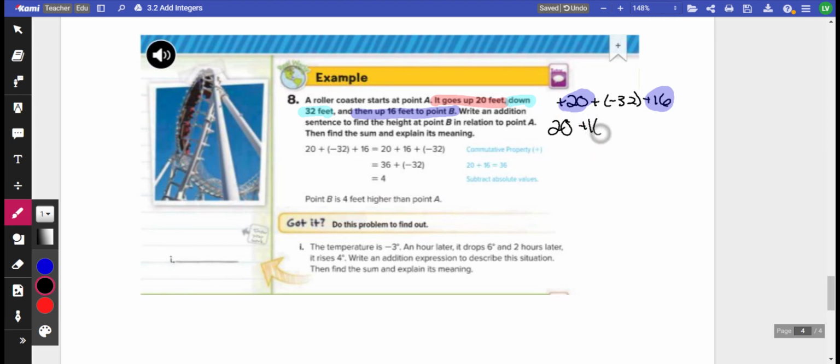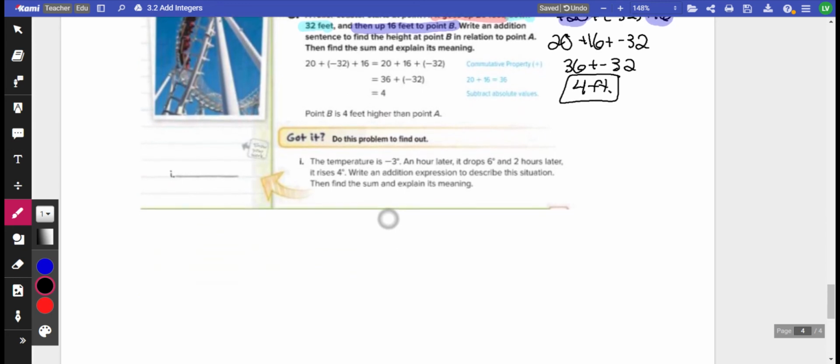So 20 plus 16 plus negative 32. 20 plus 16 gives me the answer of 36 plus negative 32. Well, this is the same thing as saying 36 minus 32, which is a 4. So the answer is 4 feet. Point B is 4 feet higher than point A.